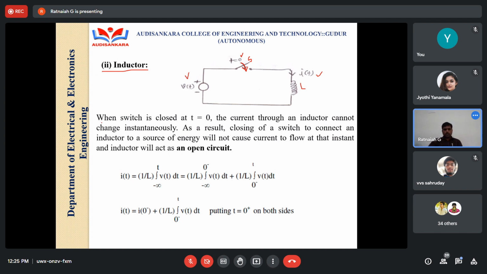When the switch is closed at t equal to 0, the current through the inductor cannot change instantaneously. As a result, closing a switch to connect an inductor to the source of energy will not cause current to flow through the inductor at that instant, and the inductor will act as an open circuit. That means i(t) is equal to the expression 1 by L, where the duration is from minus infinity to t.